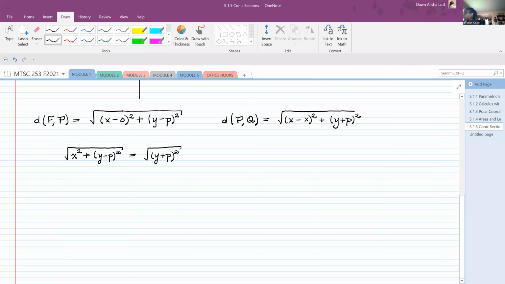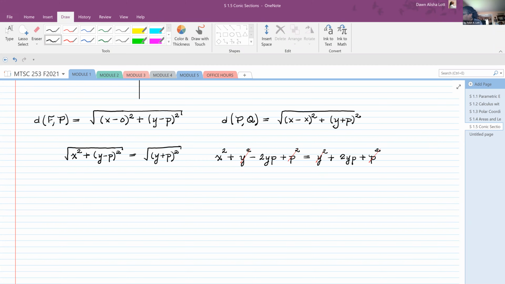When I square both sides, I get X squared plus Y squared minus 2YP plus P squared, which is equal to, on this side, Y squared plus 2YP plus P squared. Now the Y squareds drop out and the P squareds drop out.